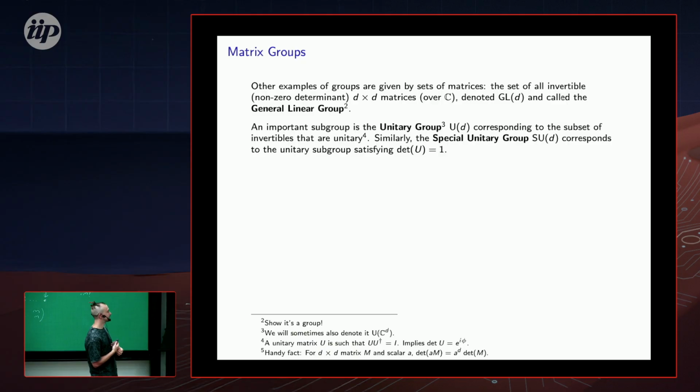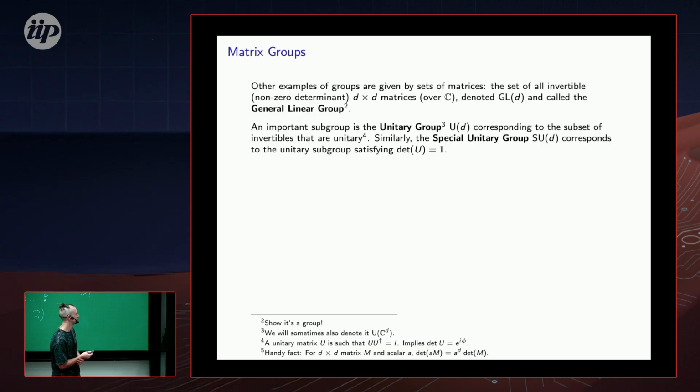This implies that the determinant of this matrix is a complex number with modulus 1, that is, e to the i phi. And there's yet a subgroup of this unitary group, the special unitary group, which is those unitaries where this complex number is just 1. You get that the phase is 0.